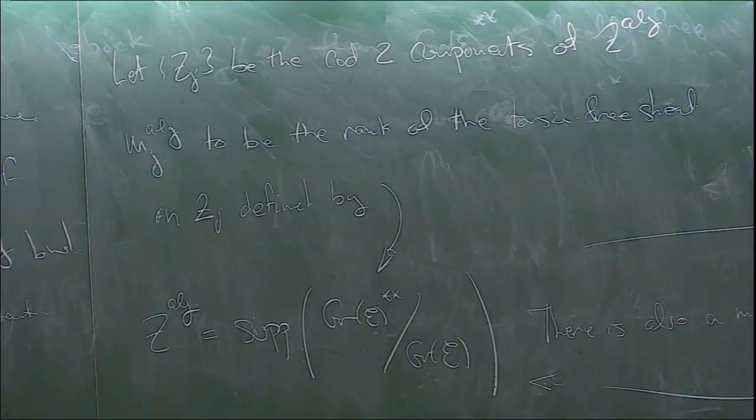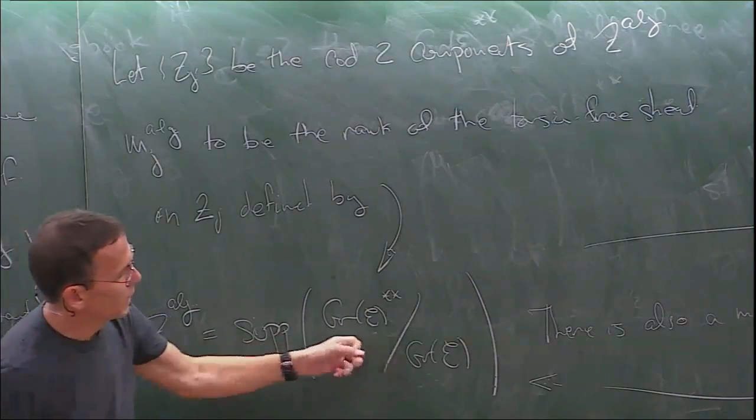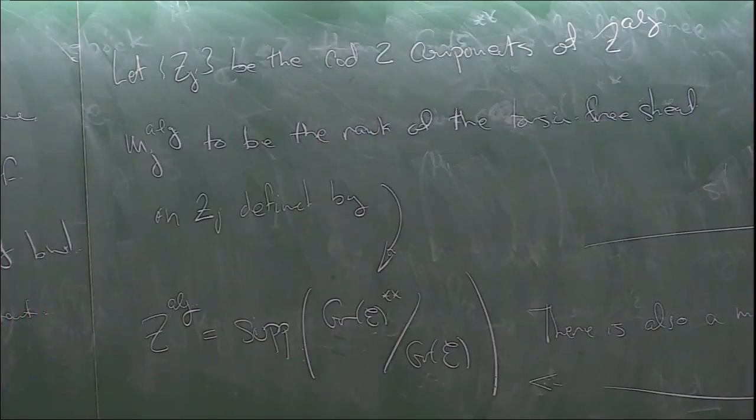Okay, so living on this codimension 2 piece, I've got a torsion-free sheaf, and so that has a well-defined rank, and that'll be the multiplicity. So that's the generalization of what I said before in the case of skyscraper sheaves.